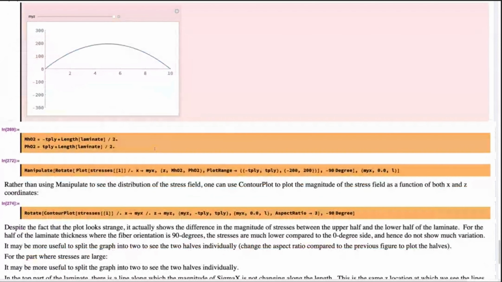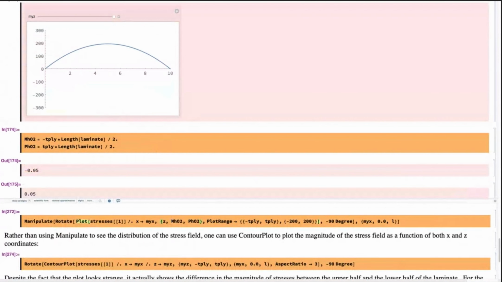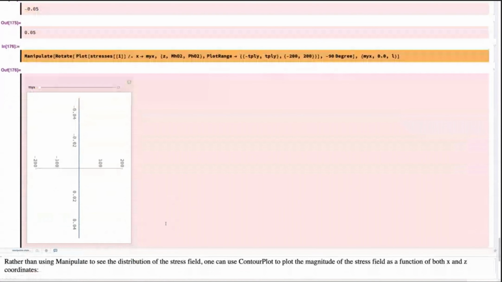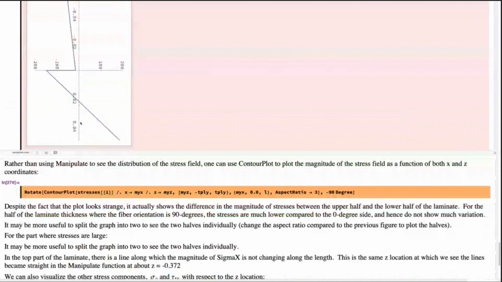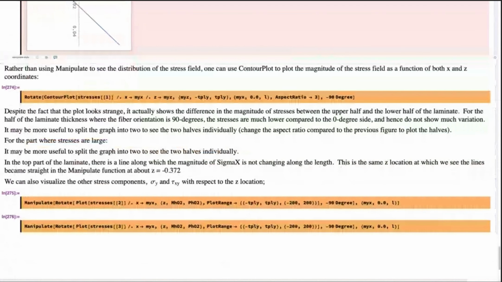And if I plot them as a function of x, you see the piecewise stress distribution, how it's changing. Okay, gentlemen, I'm going to stop here, and you can complete the rest.